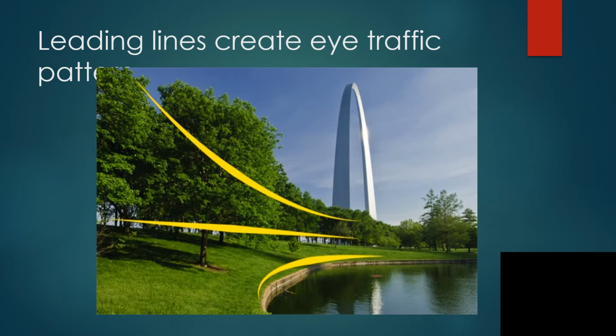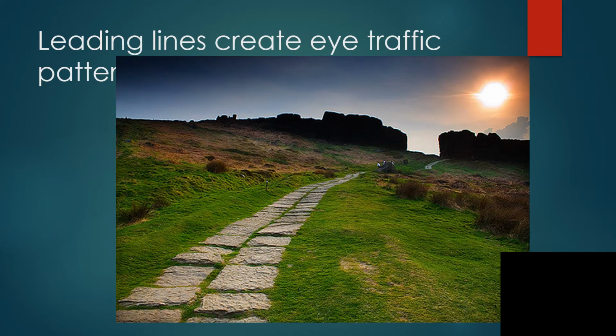If you see something in a picture and you think that there's a potential for using lines to lead to the center of interest, in this case it's the archway, and you make a note that the edge of the reflecting pool and the trees seem to naturally guide your eye towards the center of interest, the arch, that is what we call making use of leading lines. So if you see that and you can make that work, try it. See if it makes your picture better.